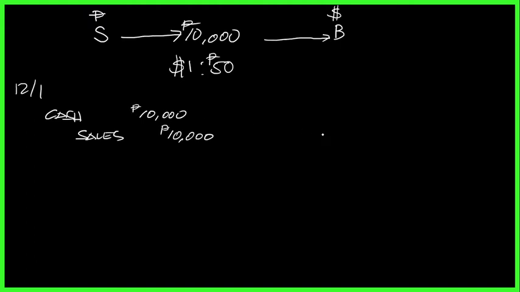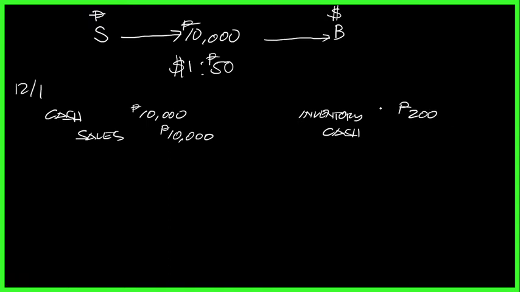Now, in the books of the buyer, as of December 1, this will be recorded as a debit to inventory or purchase and a credit to cash. Because it was bought and paid on the same day, this will be recorded at $200.